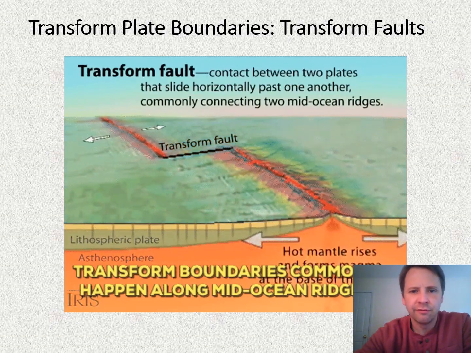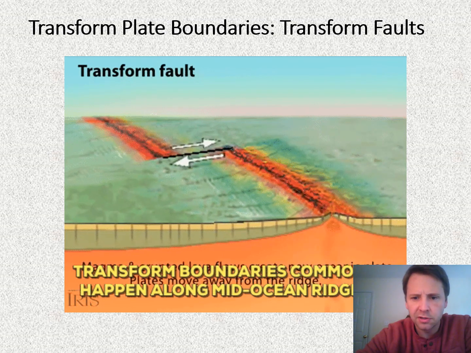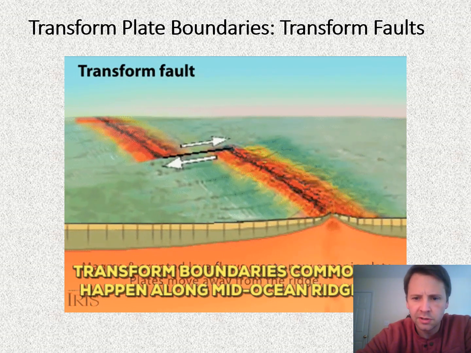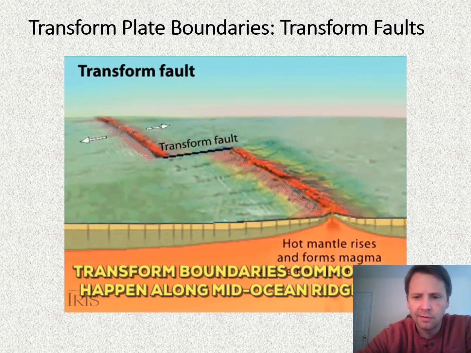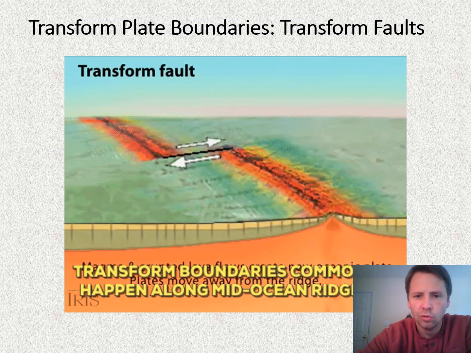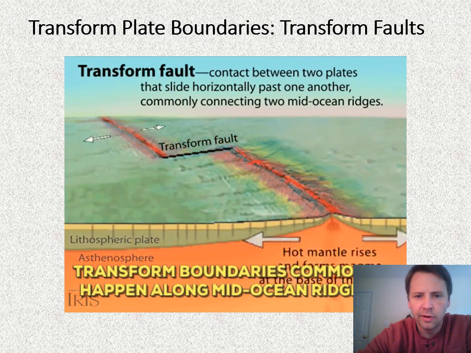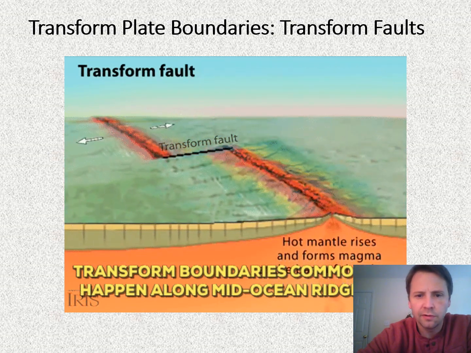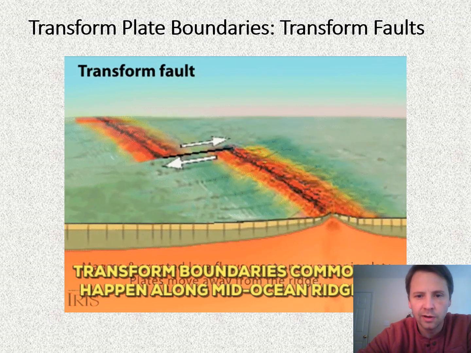Here we go. So here's a GIF for it. Your mid-oceanic ridge, let me move my picture here. We have the creation of the land, the upwelling of magma, as the plates move in the general direction on either side of the ridge. Here's your active transform fault, and they're sliding simply past one another.